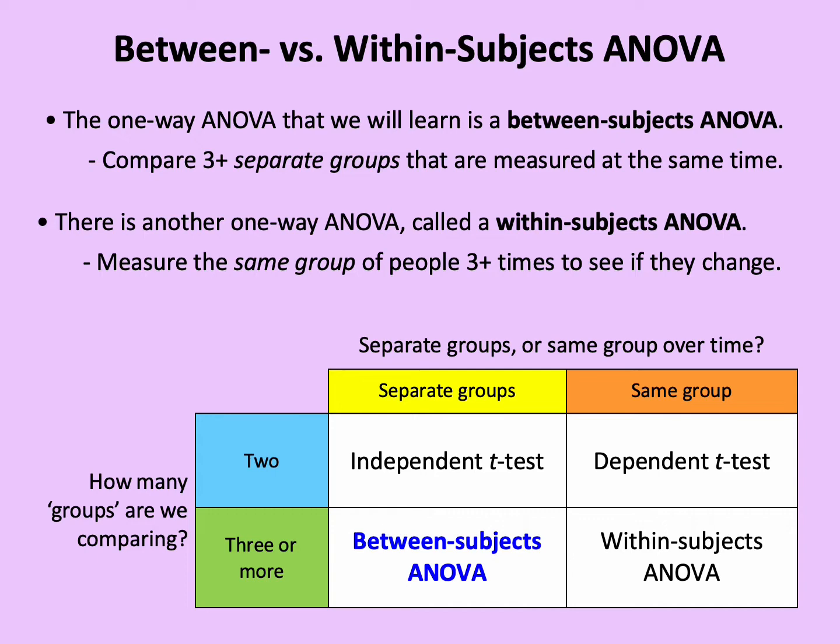For example, maybe we have one group of people reading a text and another group of people not just reading the text, but using some kind of mnemonic device, and we're looking at their memory for the text.